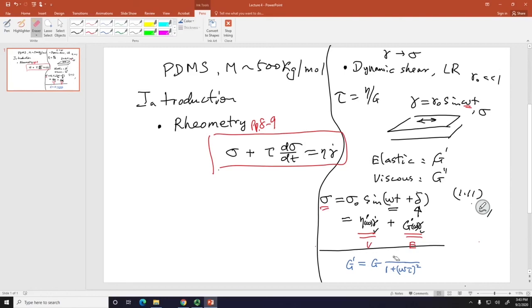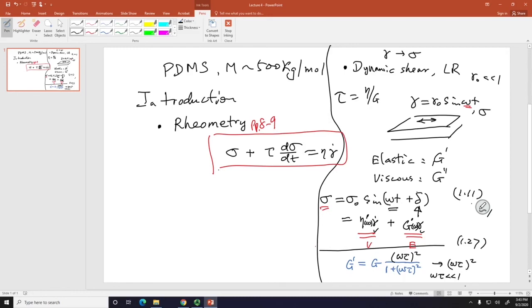It's on equation 127, which is on G prime, and in the limit of small omega, it goes as omega tau squared, in the limit of omega tau smaller than 1.